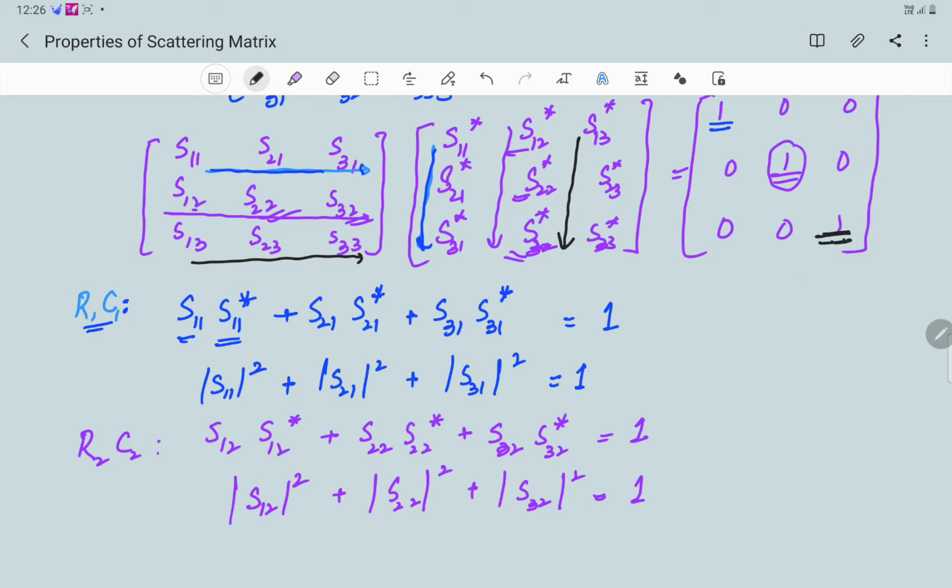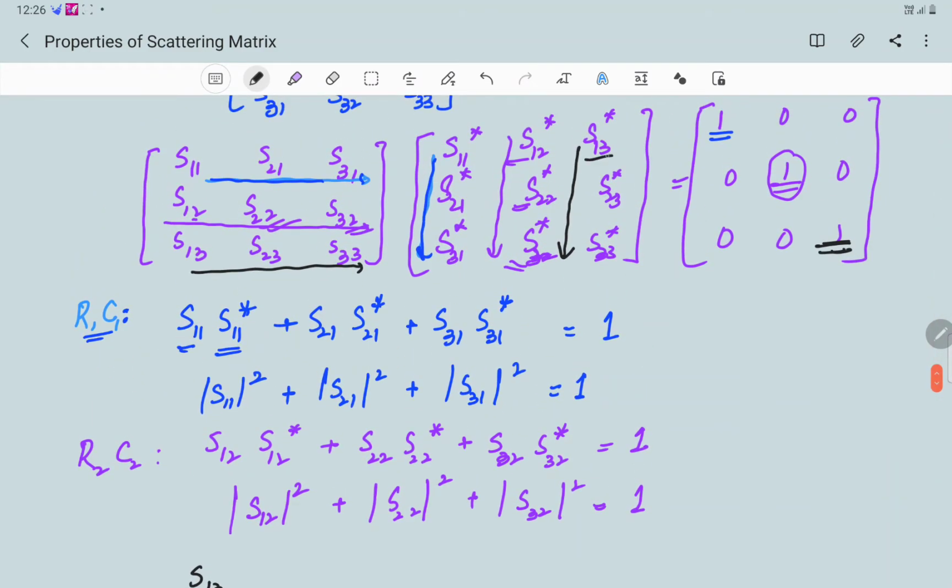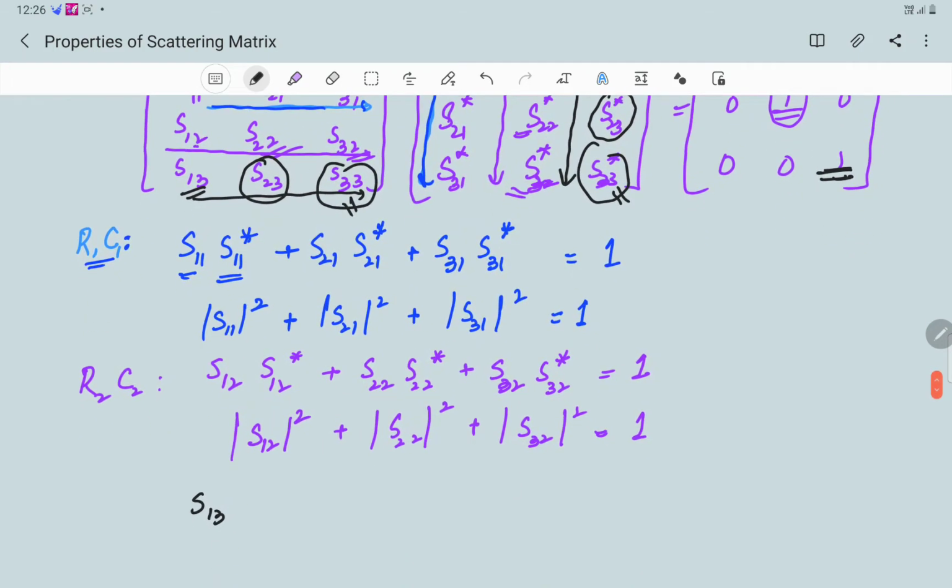So I multiply S13 with S13 conjugate, S23 with S23 conjugate, and finally S33 with S33 conjugate, which would be the third diagonal element.